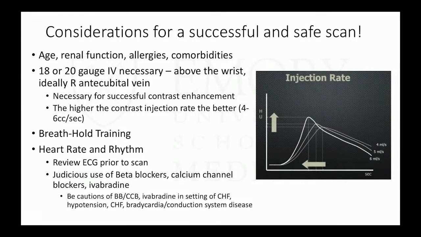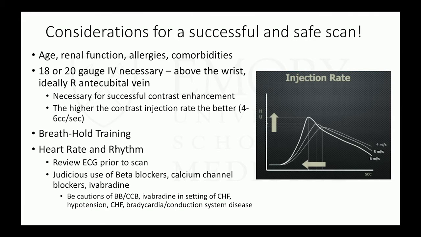So other considerations for a successful and safe scan. Obviously looking at comorbidities and renal function. Someone that is coming in with a creatinine of 2 for chest pain and a coronary CTA, it's probably worth revisiting: is that the right test for that patient? Obviously making sure we're aware of any contrast allergies and allergies in general, and certainly comorbidities.